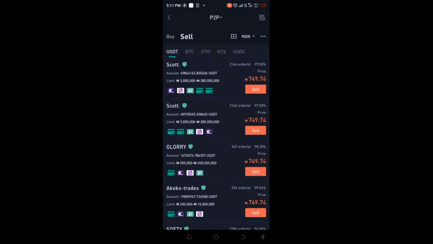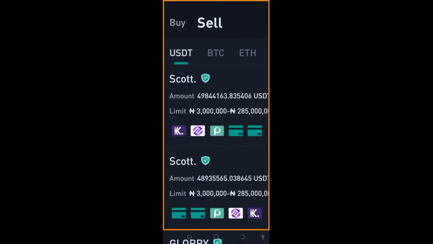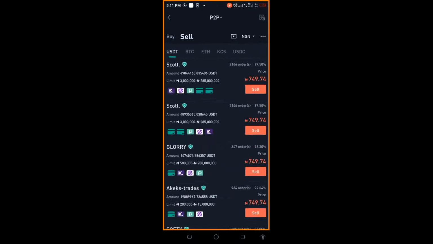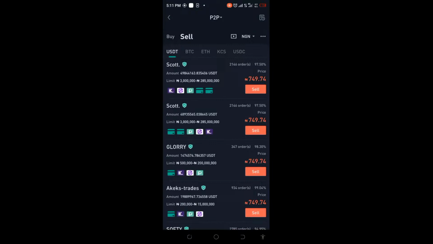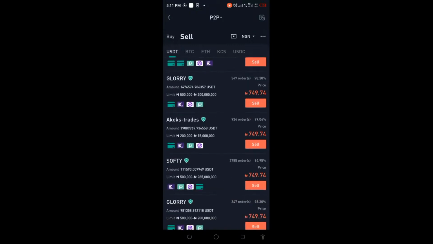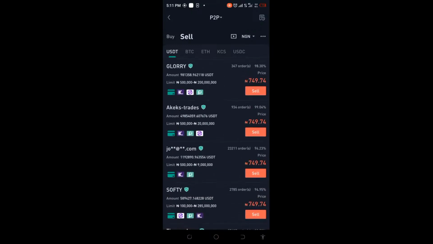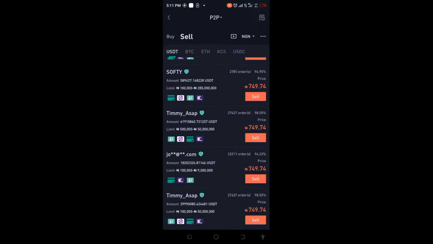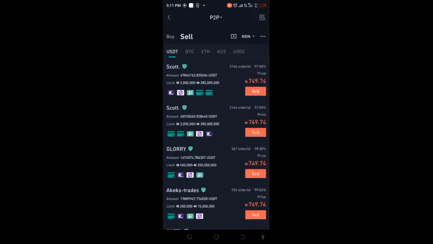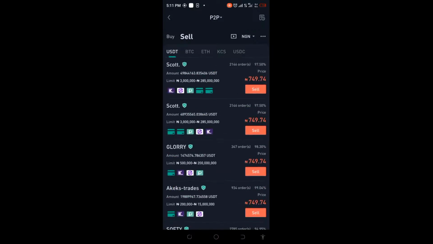If I were going to sell this, as you can see here, you have the opportunity to do so. Let's try and see whether we can put the range there, whether we can get the amount we're looking for. We're looking for $25, so that we can decide to actually sell this off.